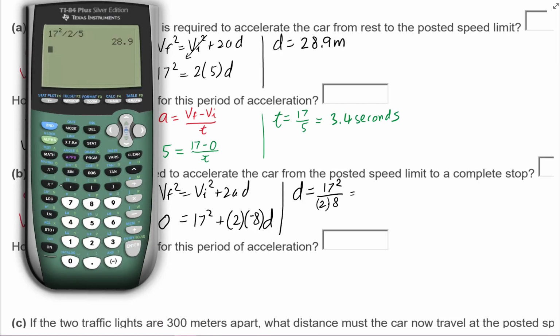We'll get 17 squared divided by the 2 and divided by the 8, and we get a stopping distance of 18.0625. Way too many significant figures, but I'm doing it, right down to the half millimeter.